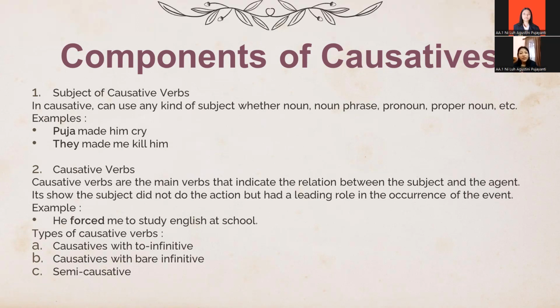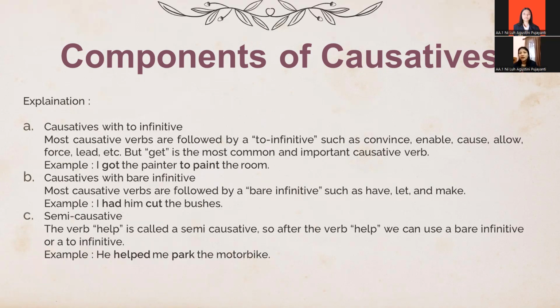There are many causative verbs in English, but they are all categorized into three main groups: causatives with to infinitive, causatives with bare infinitive, and last, semi-causative. So here is the explanation. Causatives with to infinitive.